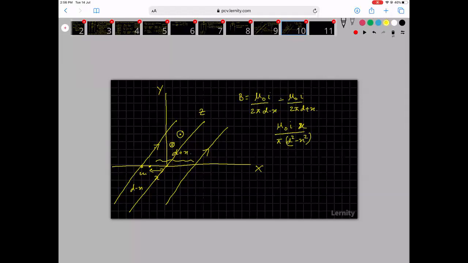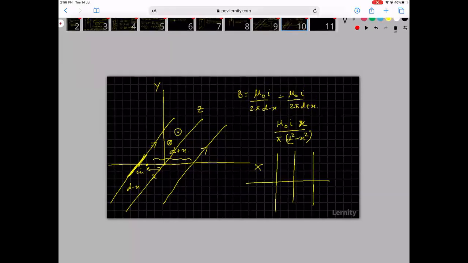Which means that as I approach this wire here, the magnetic field goes towards infinity. So if I have to draw my diagram here, this is minus a, this is plus a. Here the magnetic field is infinity, and then it goes this way, then this way, and then this way.